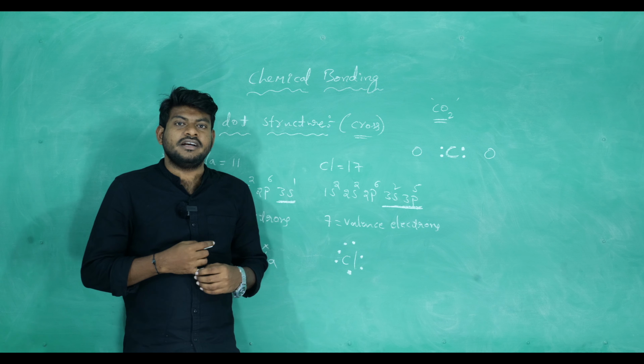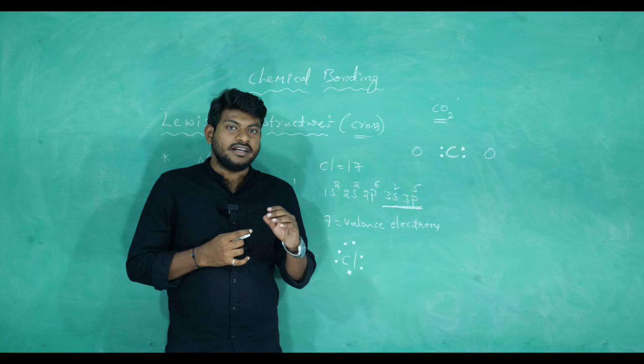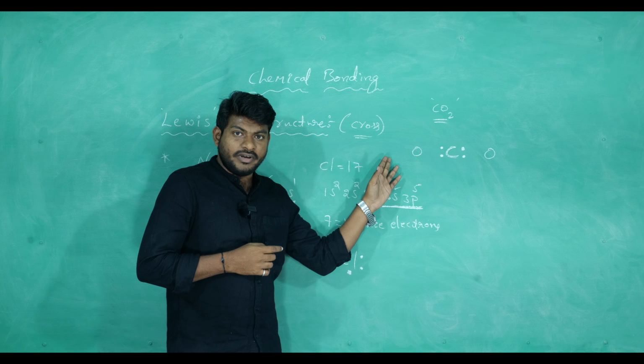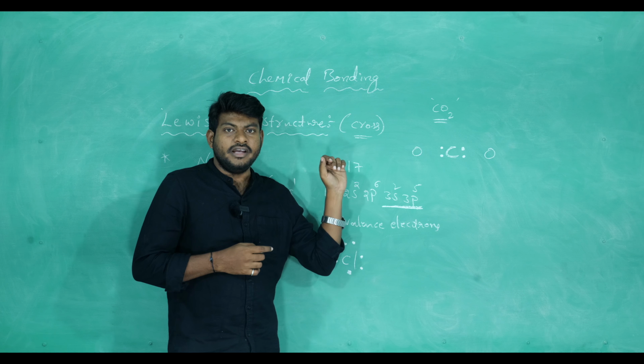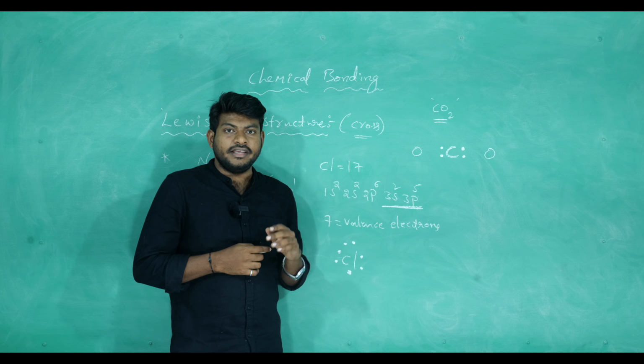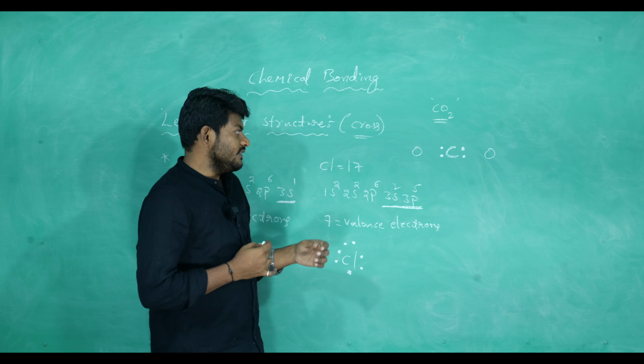Each oxygen contains 6 electrons in its valence shell, since oxygen's atomic number is 8. If you write the electronic configuration for oxygen, the outermost shell contains 6 valence electrons.